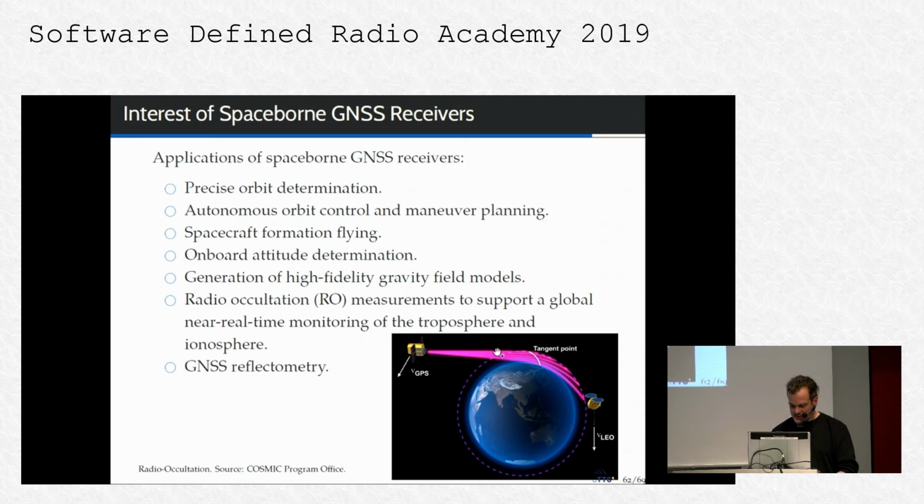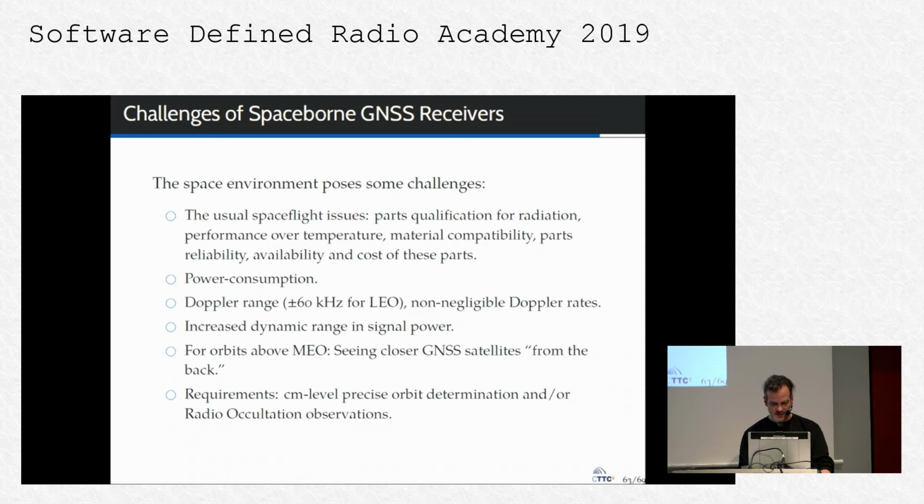There are some challenges there in space, apart from radiation and so on. The first thing is that you need to reduce the power consumption. The Doppler rate you can expect is much higher than on Earth. On Earth, you can expect 5 kilohertz at maximum of Doppler, and in space you have 60 in a LEO orbit, a low Earth orbit.